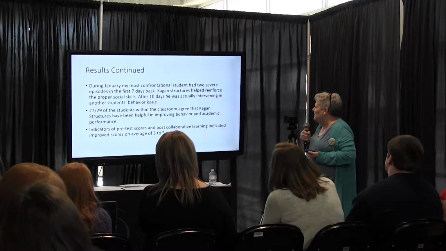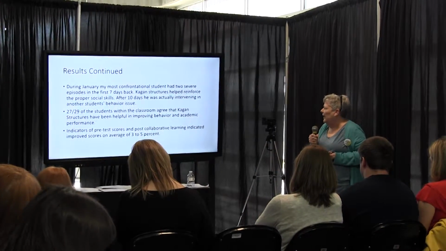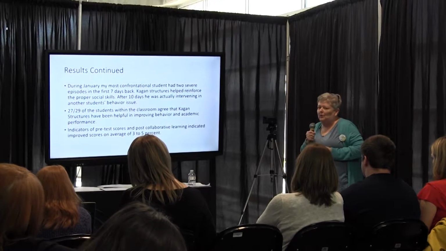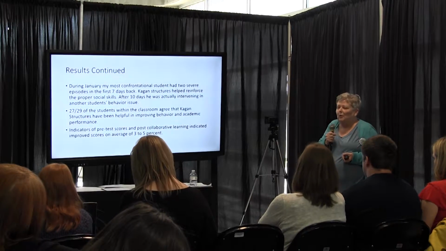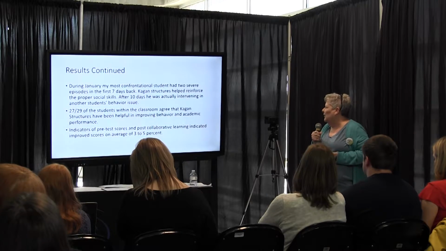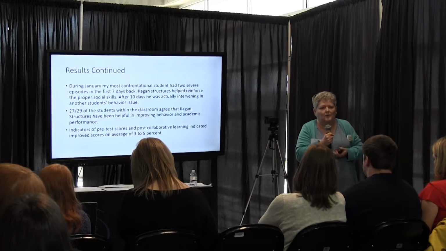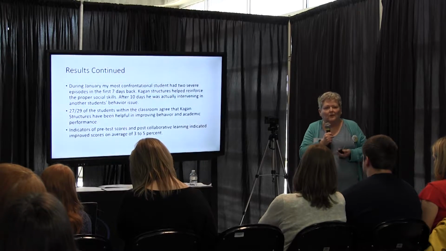27 out of 29 of my students in the classroom, when they were surveyed, agreed that Kagan structures have been helpful in improving behavior and academic performance. Now, it can be any cooperative learning skill. The indicators of pre-test scores and post-collaborative learning indicated an improved score on an average of 3 to 5% for a lot of those exceptional students.